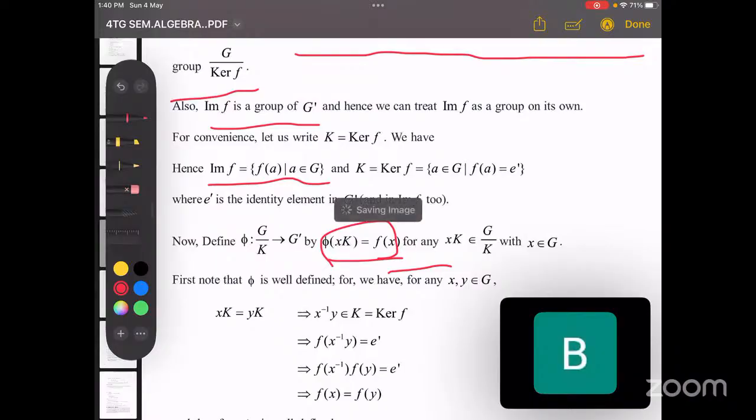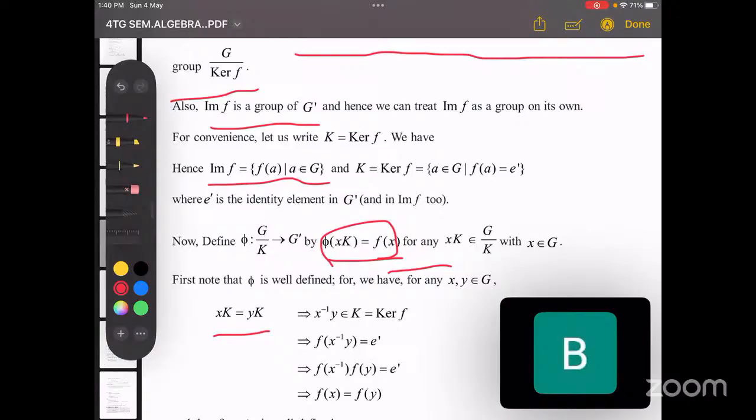Okay, first we are taking that xk equals yk, which implies x inverse y belongs to K, where K is the kernel of f. The kernel definition is f of a equals e dash.